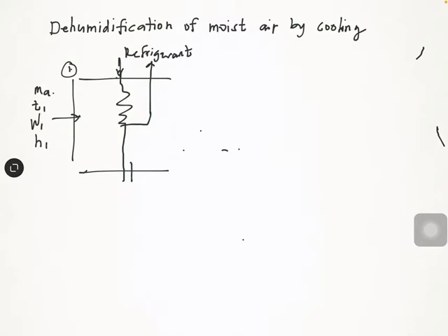So also we have state 2 here. This is our state 2. We have the mass of air, the temperature, the humidity ratio, and the enthalpy.